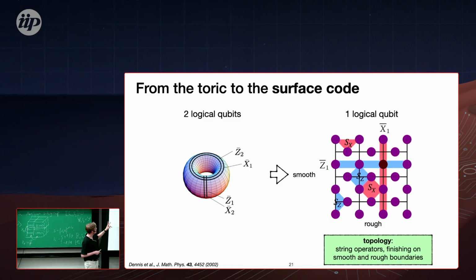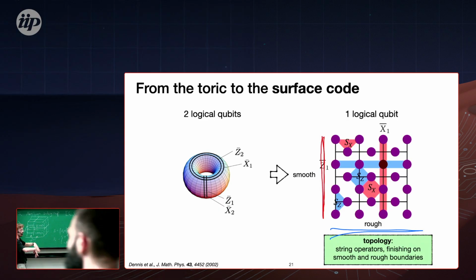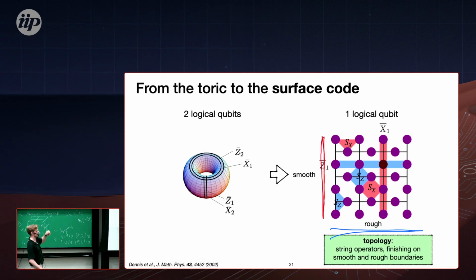This can be done by cutting boundaries in this torus, namely a so-called smooth boundary on this side and a rough boundary on the other side, which I also indicate by this. It's almost like a carpet, which has a smooth side and those rough strings on two other sides.